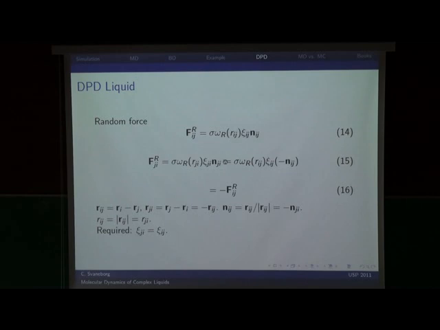And if you do the same analysis for the random force, if this term is symmetric in ij, you get that the random force for ji is equal to minus the random force of ij. What happens with this particular choice is that you kick one atom, but you do the same kick on the other atom in all interacting pairs. So you do not put any net momentum into the simulation.